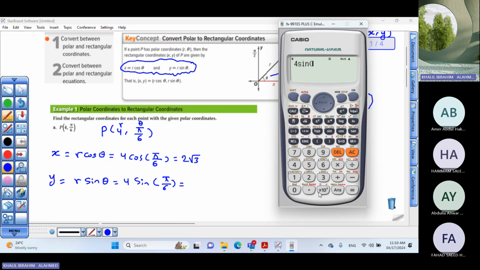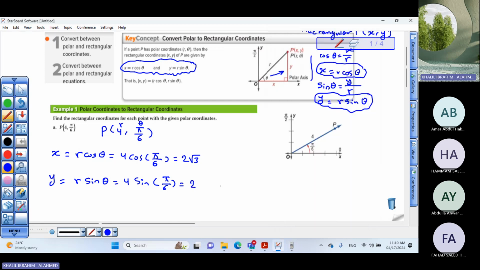The answer here equals 2. Finally, we can write P represented in rectangular coordinates as (2 radical 3, 2).